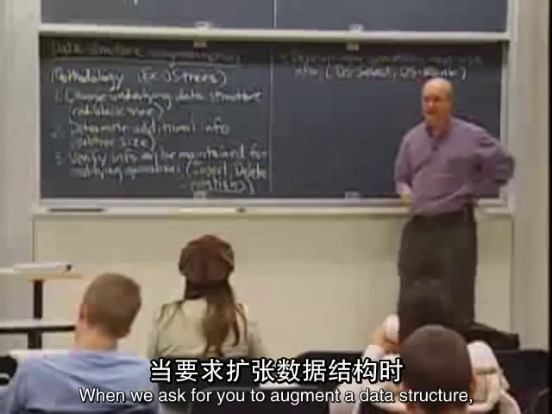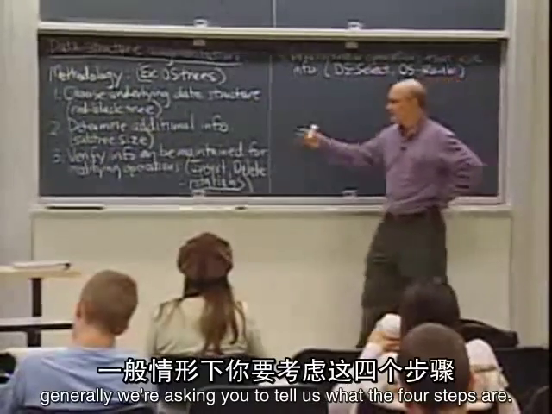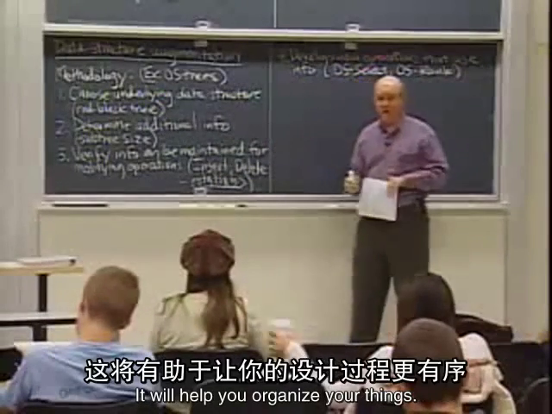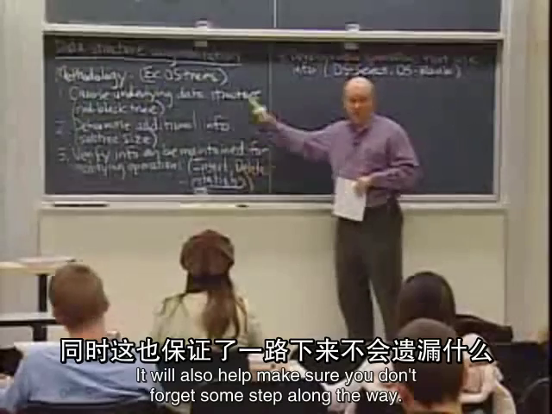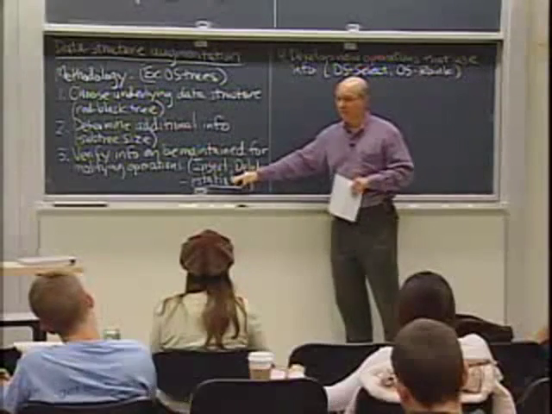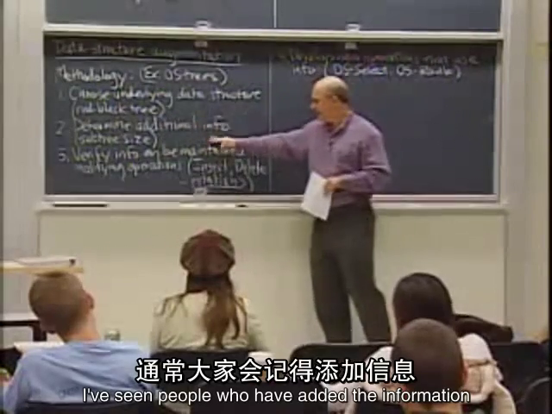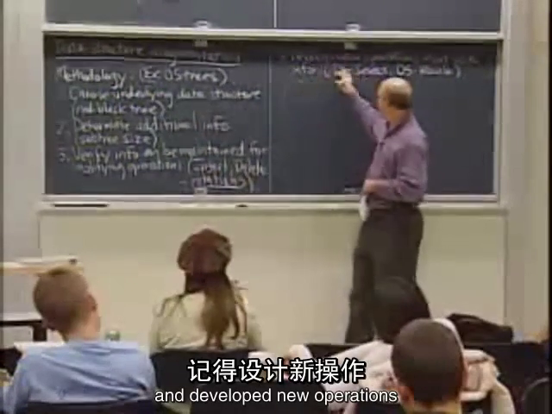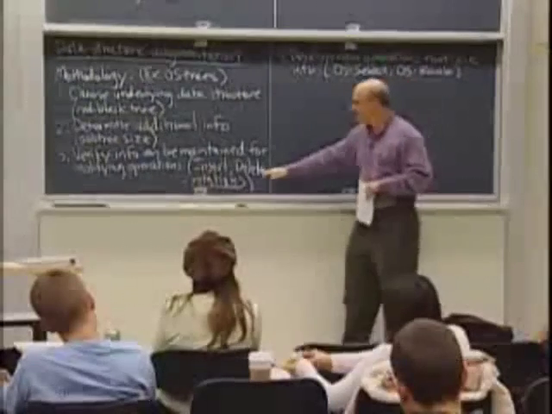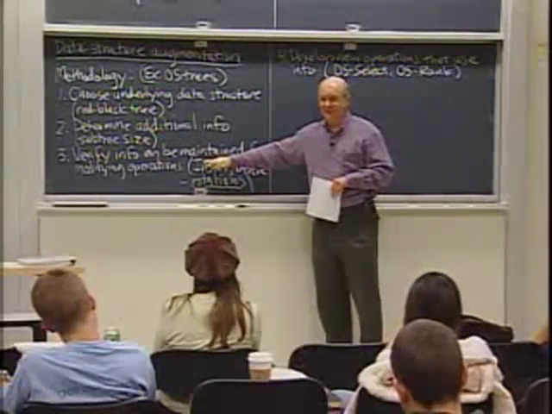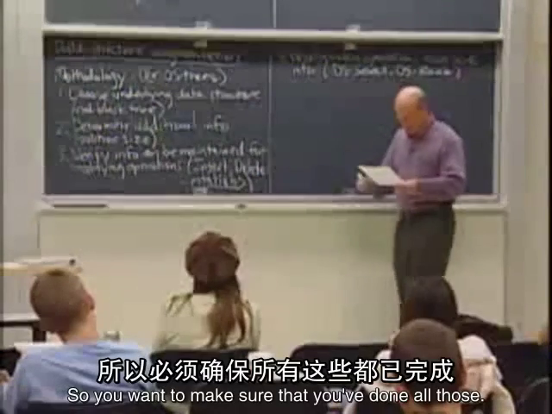So when we ask you to augment a data structure, generally we're asking you to tell us what the 4 steps are. It'll help you organize your things. It'll also help make sure you don't forget some step along the way. I've seen people who added the information and developed new operations, but completely forgot to verify that the information could be maintained. So you want to make sure that you've done all those.